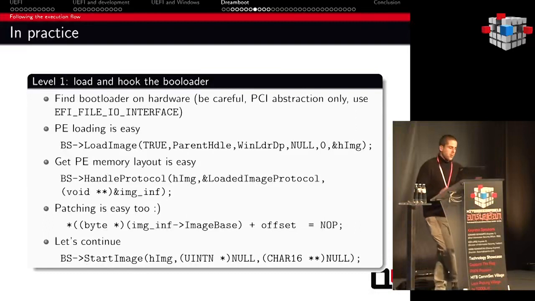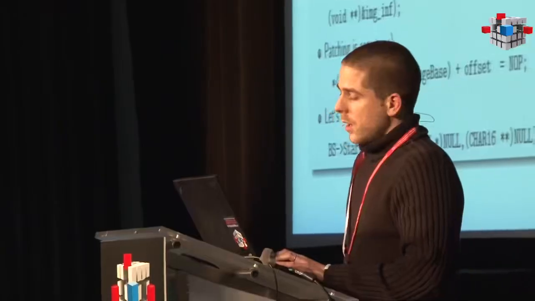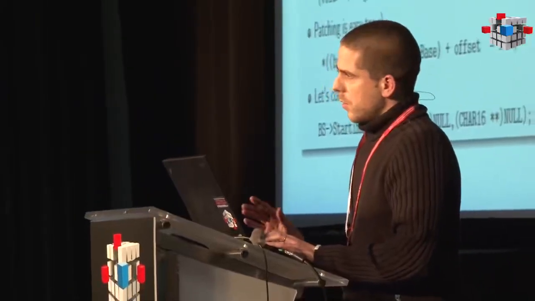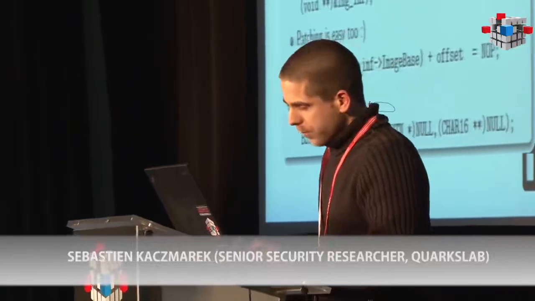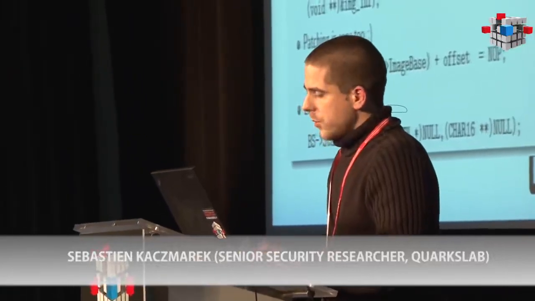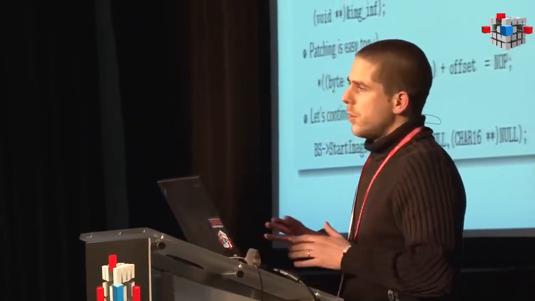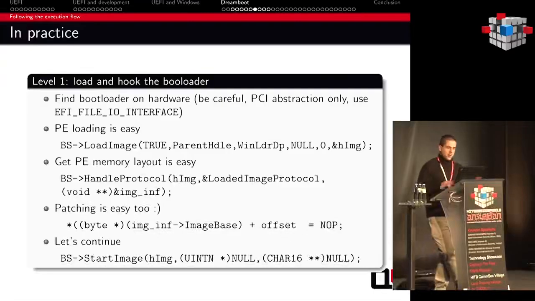Just call the native function LoadImage, and you have the binary mapped in memory. Next, we use the loaded image protocol to retrieve information about the last loaded module, for example its image base, size, and so on.